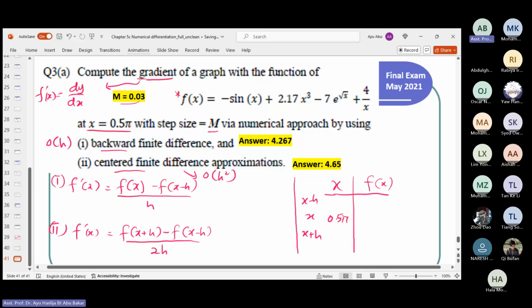Step size 0.03. Okay, find out the value of your x minus h and x plus h, or sometimes the term is x i minus 1, x i plus 1. Same. They all mean the same. Okay, so from there, find out what is your f(x), then sub into the equation. Try whether you get the similar answer to the answer over there.